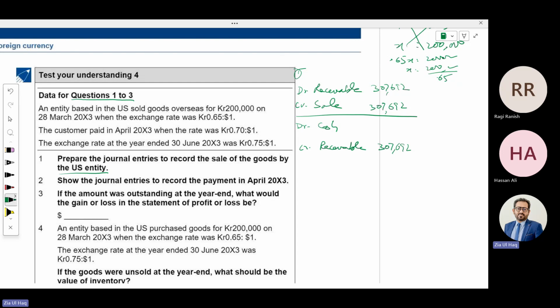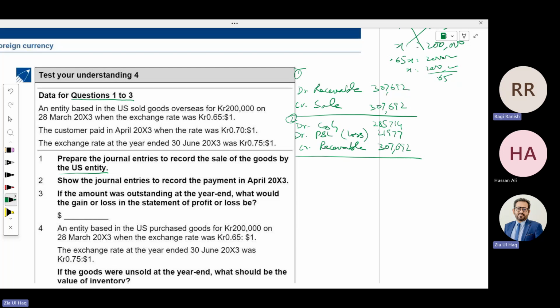But how much cash are you receiving? 285,714. So there is a difference of how much? 21,977. That will be a loss. That will be charged to profit and loss account. So number 2 also done.